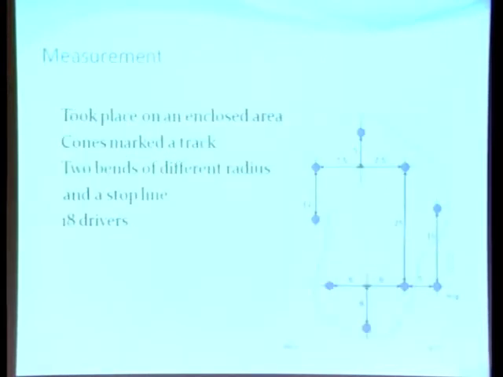Measurement. Measurement took place on an enclosed area where cones marked a track. Cones are these blue points. This track was built so that it contains two different radiuses, one bigger and one smaller, and one stop line.